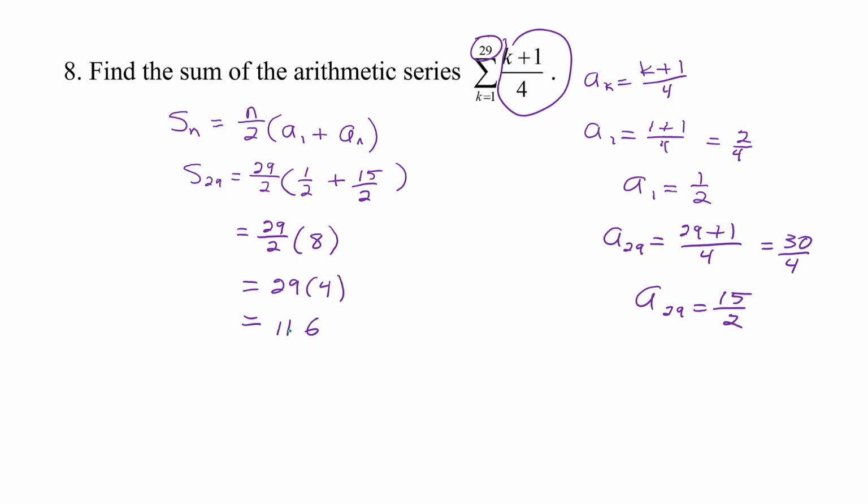Let me check my notes here. Yeah, that looks right. Okay, 116. So we have the sum of that arithmetic sequence. And it wouldn't hurt to go ahead and write out a few terms here to see what's going on, to verify that it's an arithmetic series. Okay.